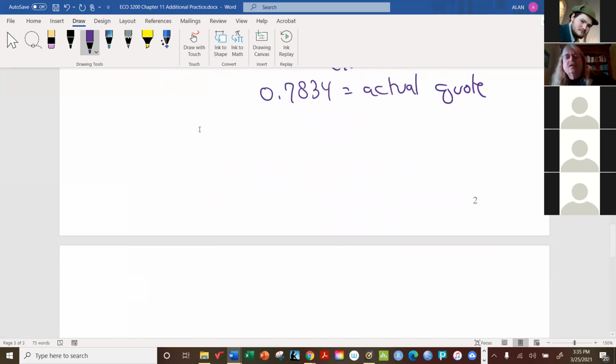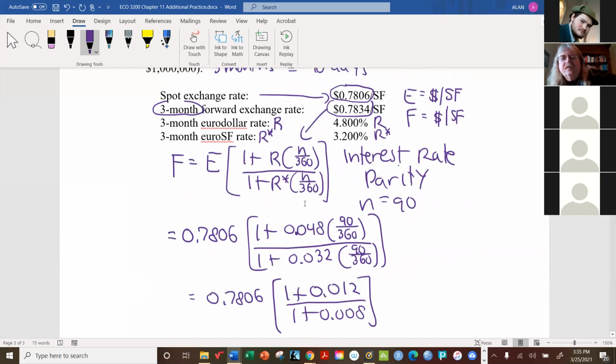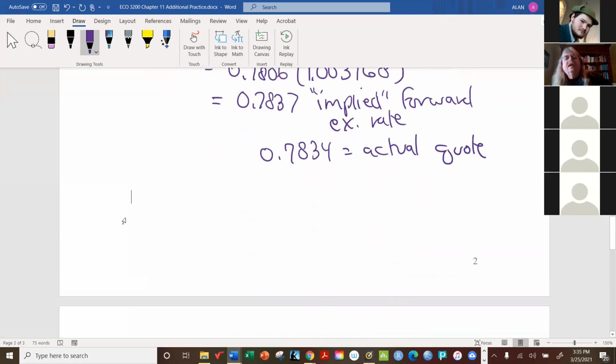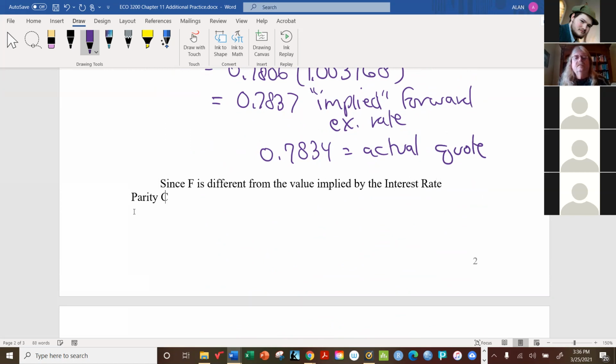Okay, so that's off. It's not much, but it's off enough that we can see that there will be an arbitrage opportunity. So since F is different from the value implied by the interest rate parity condition, this means that there will be an arbitrage opportunity. The question is how to take advantage of it.